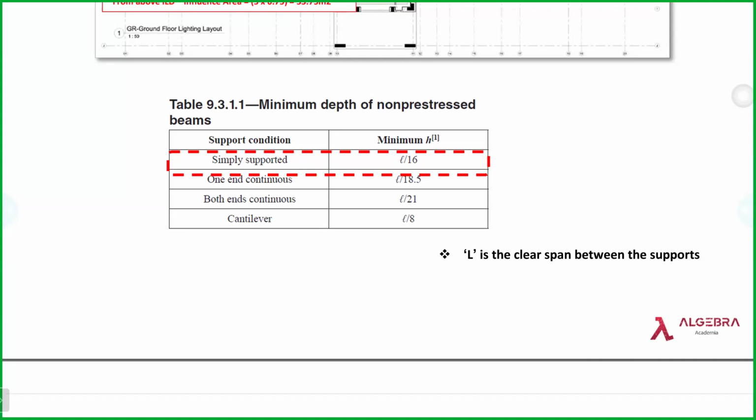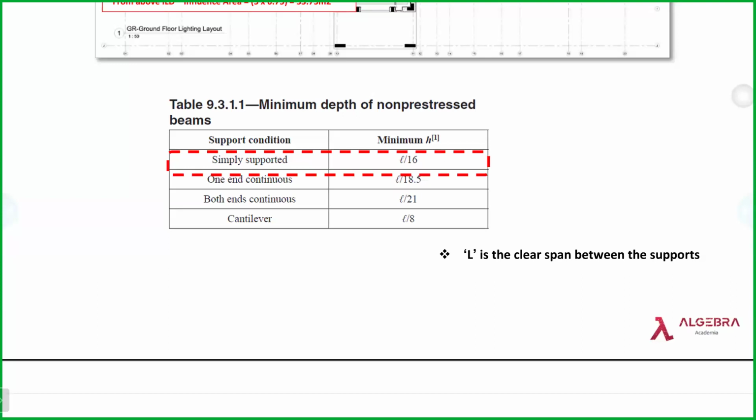My span is there, with only one edge continuous. Okay. If you talk about both ends continuous, you're talking about the middle span of the beams, where both sides have continuous beams. Okay. So it's span by 18.5, span by 21, and cantilever of course span by 8, because that is very critical. You get my point. Okay.